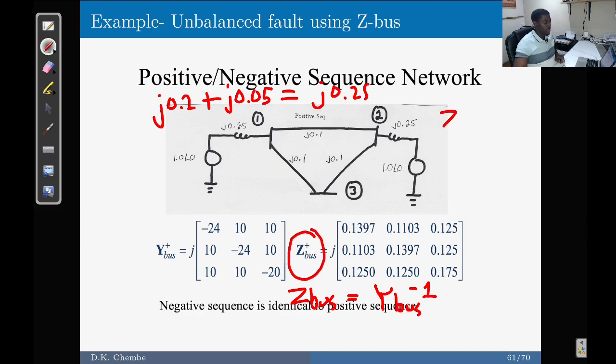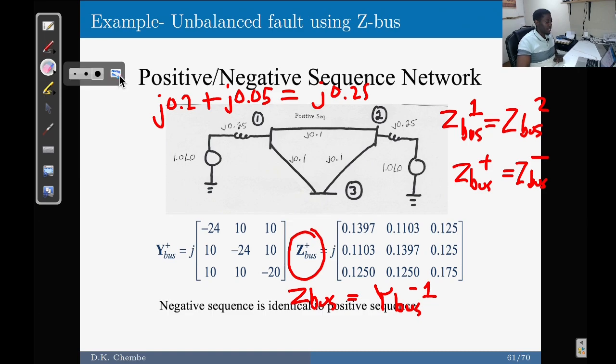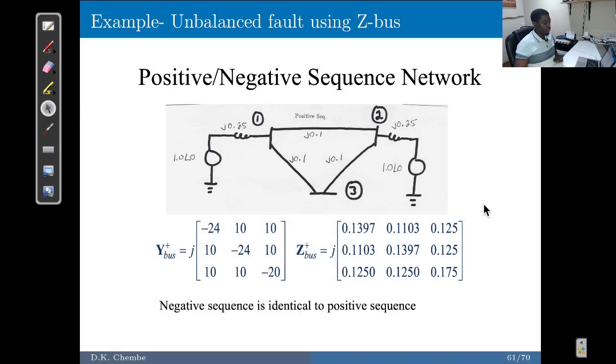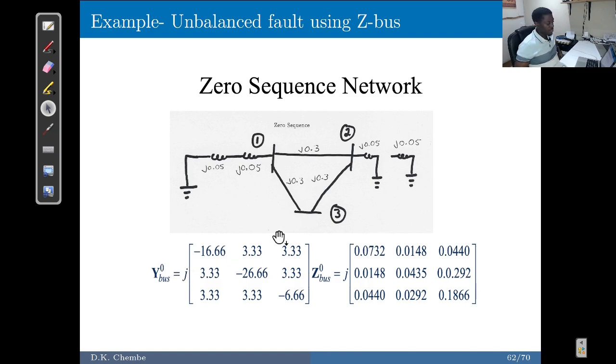But we are also informed that the Z-bus for the positive sequence, or 1, is equal to the Z-bus for the negative sequence, 2, which you can also write as Z-bus plus equal to Z-bus minus. Okay? So this is how you solve the Z-bus for the positive sequence, and then you solve the Z-bus for the zero sequence, because for the positive sequence, we know it is equal to the negative sequence.